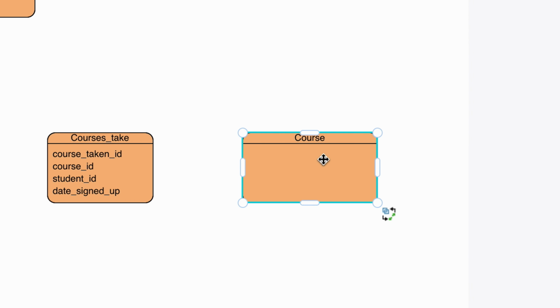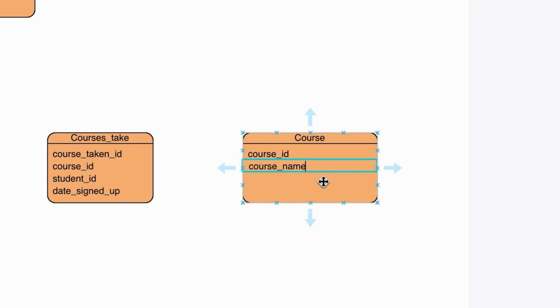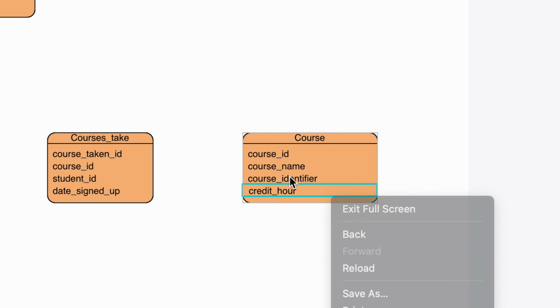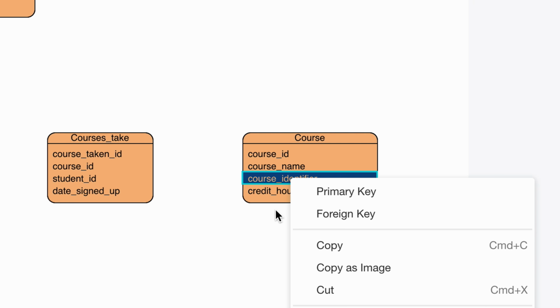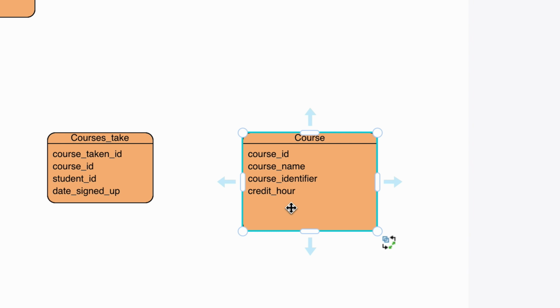Lastly, in the course entity, we'll add course ID, course name, course identifier, credit hour, move this down a little bit.